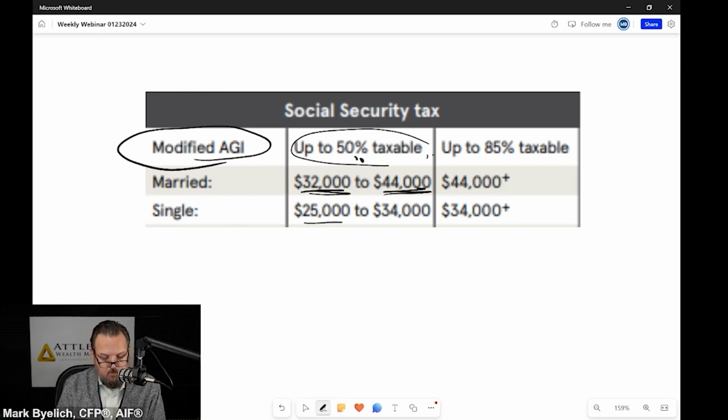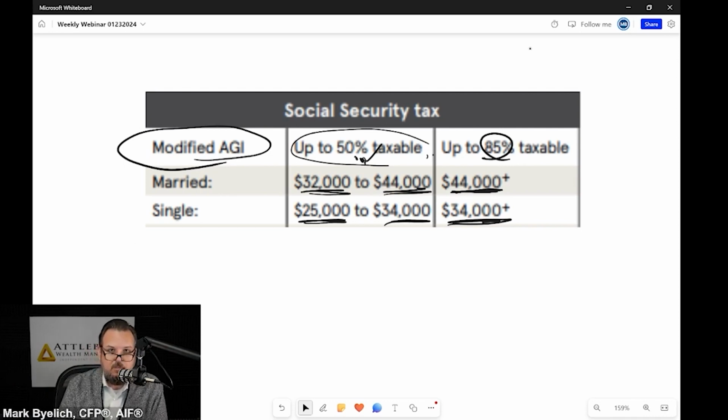If you're single, once you cross over $25,000 in modified adjusted gross income, up to $34,000, up to 50% of your Social Security is subject to tax. Then it gets worse: up to 85% of your Social Security is subject to tax once you cross over $44,000 of modified adjusted gross income for a married couple, and $34,000 for a single filer.